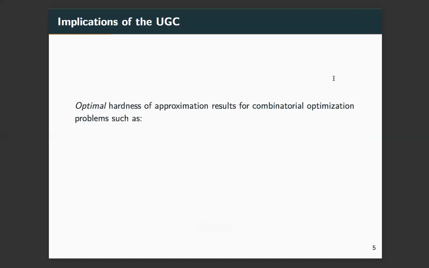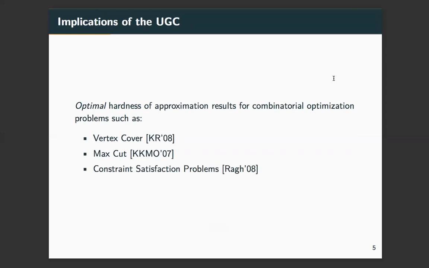It turns out that the unique games conjecture has some very striking consequences. It implies optimal hardness of approximation results for combinatorial optimization problems, such as vertex cover, max cut, and all CSPs. So what do we know about the UGC itself?